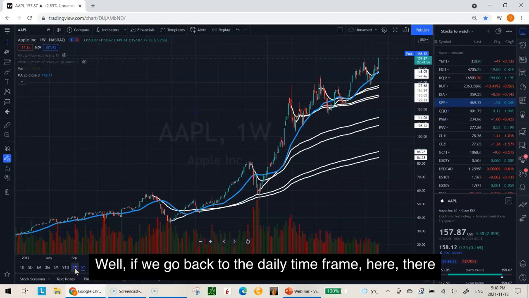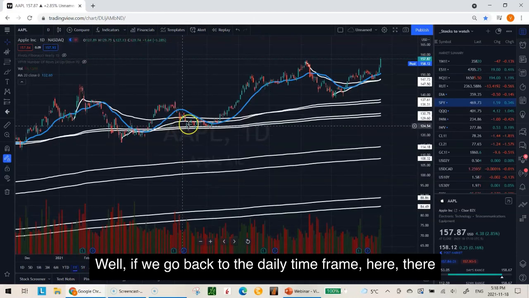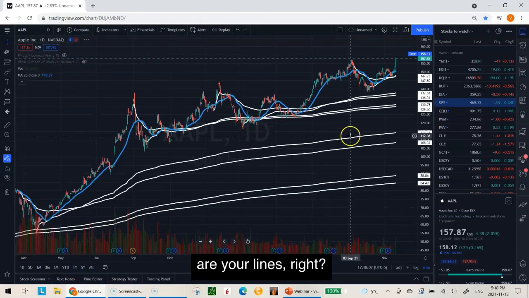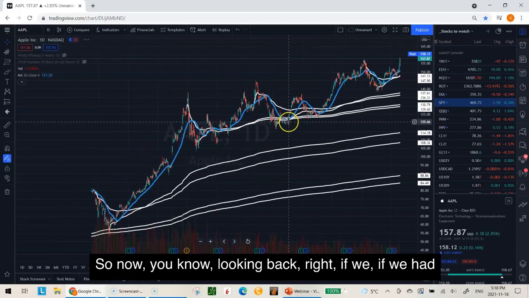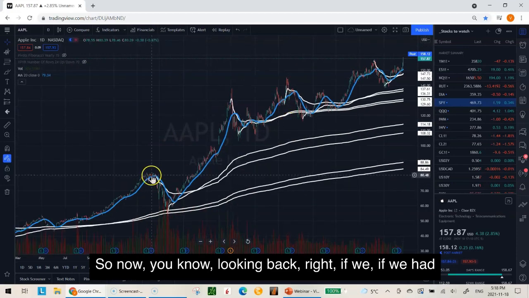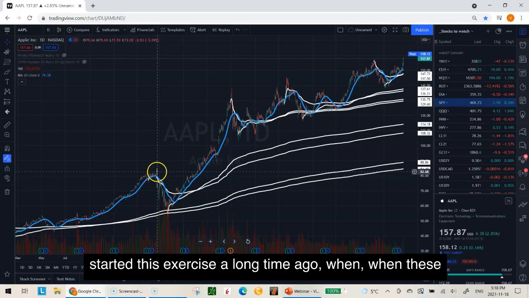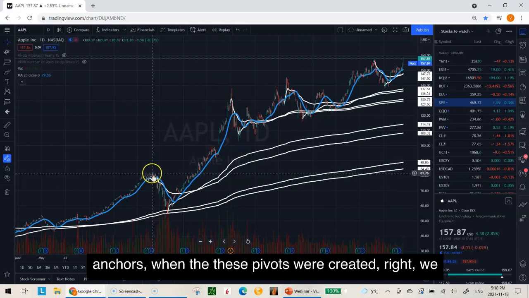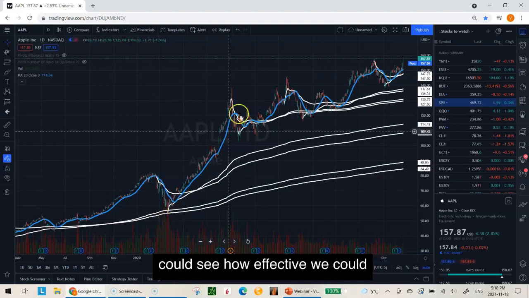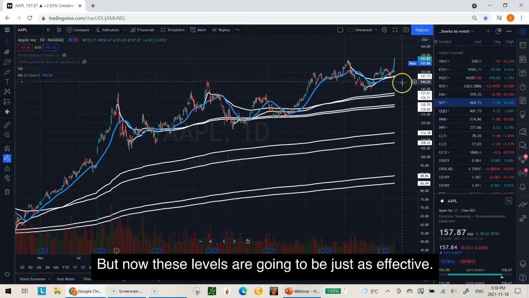Well, if we go back to the daily time frame here, there are your lines, right? So now, looking back, if we had started this exercise a long time ago, when these anchors, these pivots were created, we could see how effective we could have used them along the way. But now these levels are going to be just as effective.